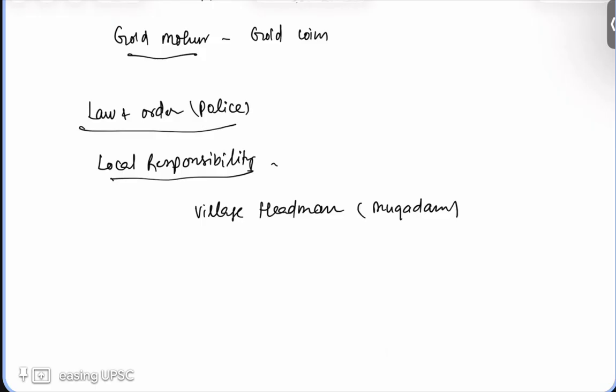Are you understanding what I'm trying to tell you? The kind of system he was having. That it was actually the duty of the village headman, that is Mukaddam, to stop the crime.